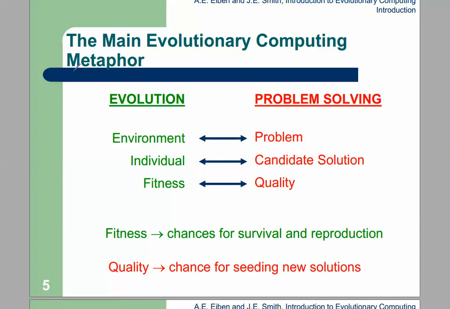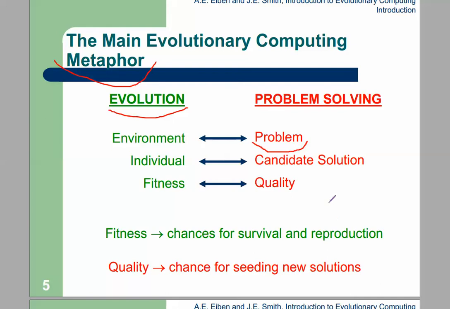And the main evolutionary computing metaphor. Metaphor is changing the meaning of something. Evolution is the same as improvement or enhancement. We want to solve a problem of computer science by evolution of a solution.